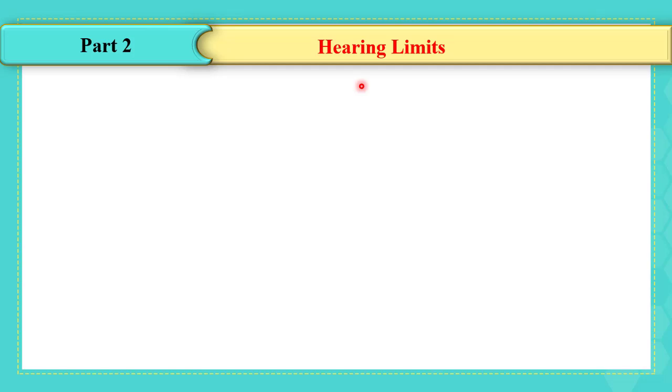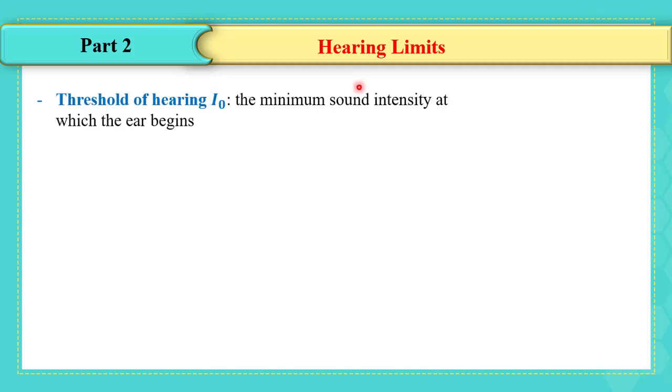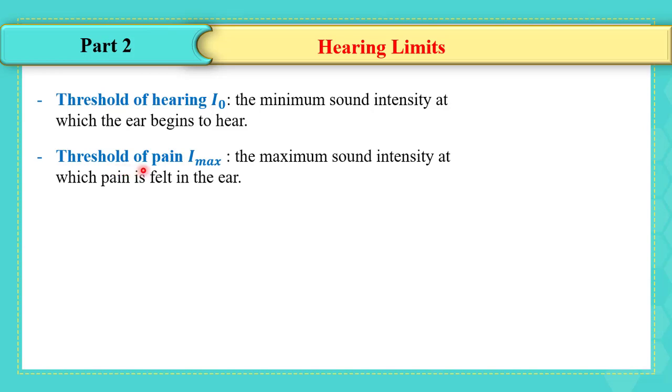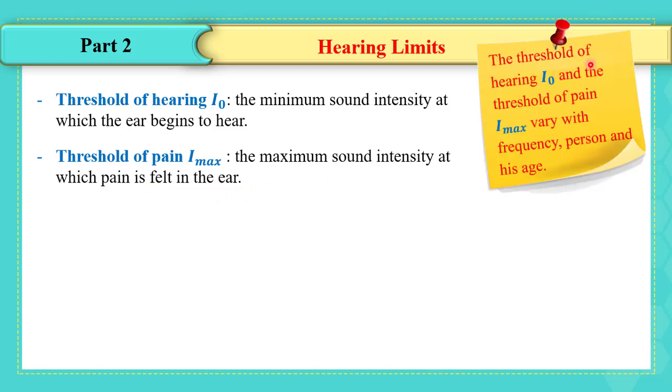So here we will define the threshold of hearing I0 as the minimum sound intensity at which the ear begins to hear, and the threshold of pain Imax as the maximum sound intensity at which pain is felt in the ear.